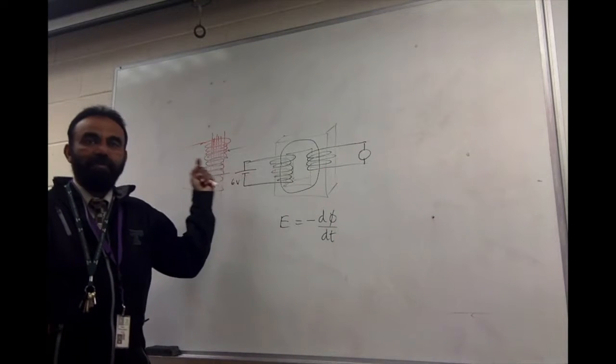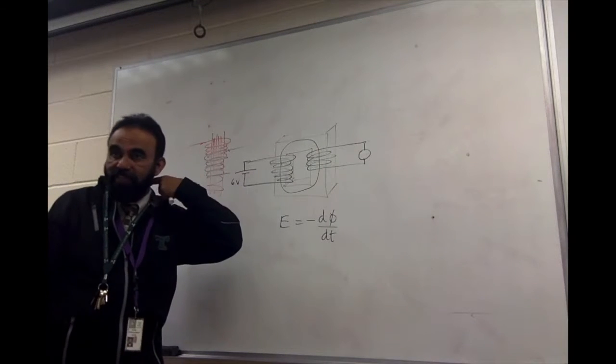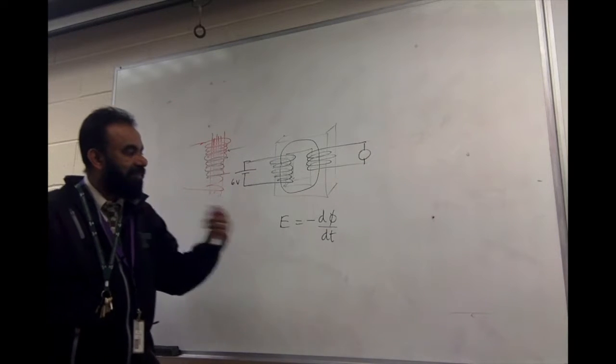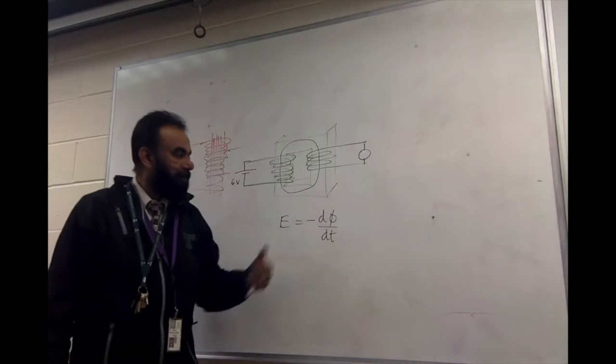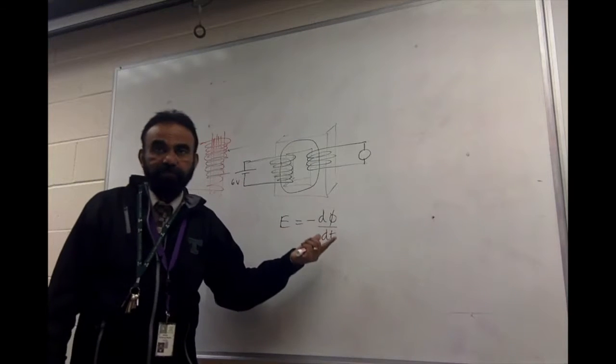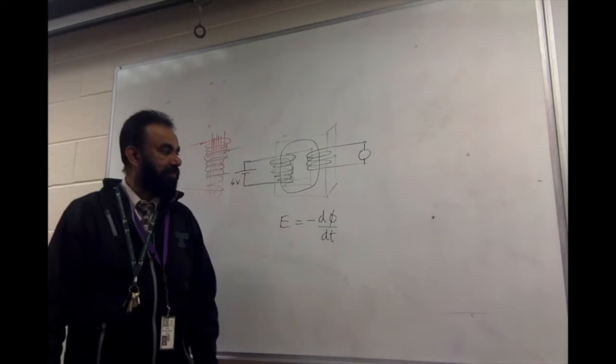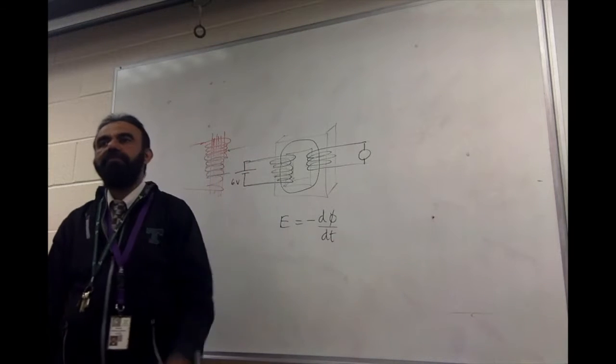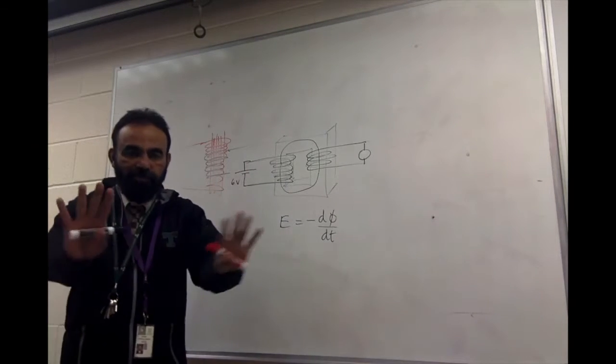And then he removed the battery, and then he saw some deflection there. So the EMF that is induced here will be present only if there is a changing flux. If there is no changing flux, there is no EMF induced.